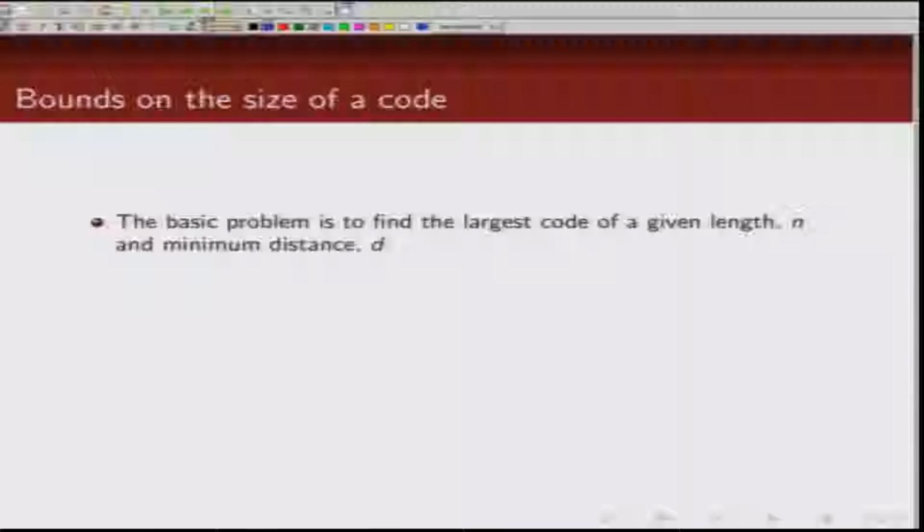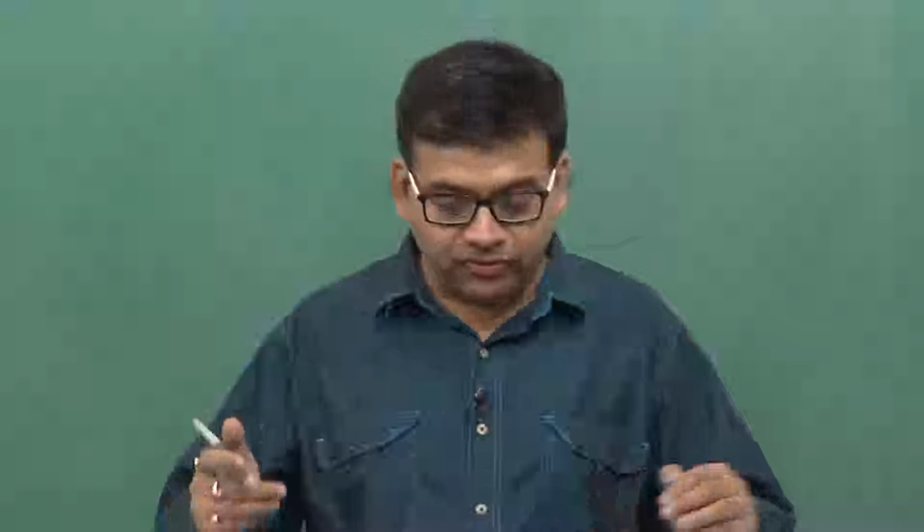As I said, we are interested to find the largest code of length n and minimum distance d. Knowing those two parameters, we are interested to know what would be the third parameter, and in this talk we are going to talk about bounds which will give us upper bounds and lower bounds on those parameters.